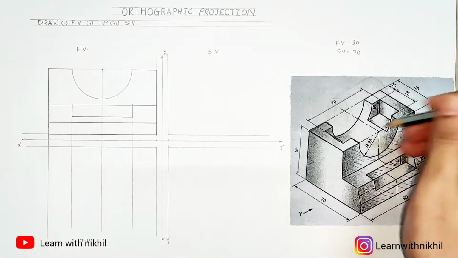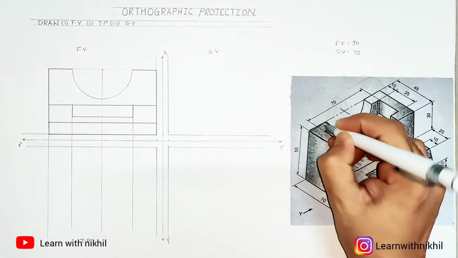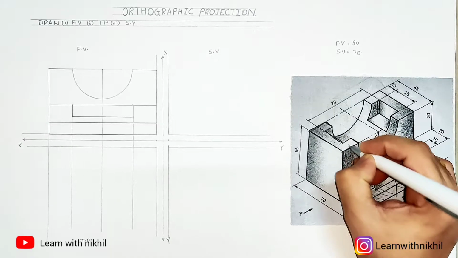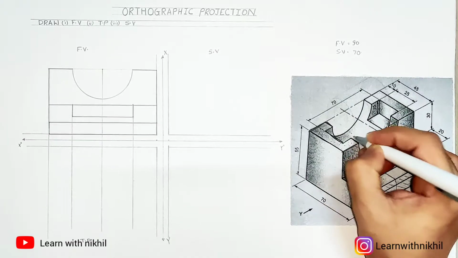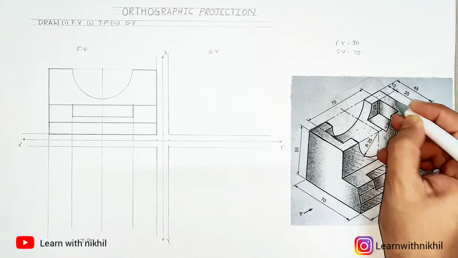Now for drawing the top view, I'll highlight the part which is visible from the top view. This part, the semicircular part, will look like a rectangle from the top view.